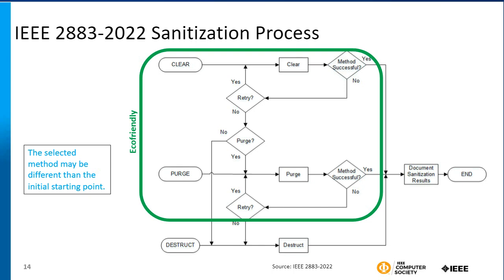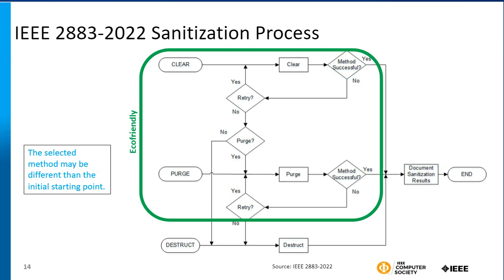So once you enter this process, the 2883 standard will help you arrive at the right end state, and then deal with things like whatever kind of evidence you need to produce, and even give some recommendations on verification.